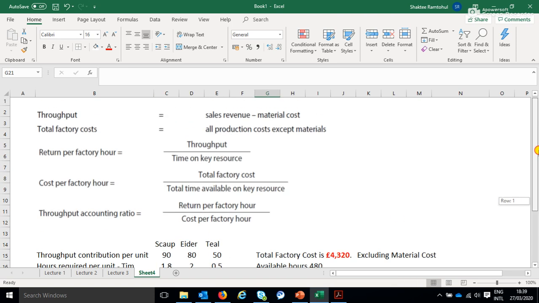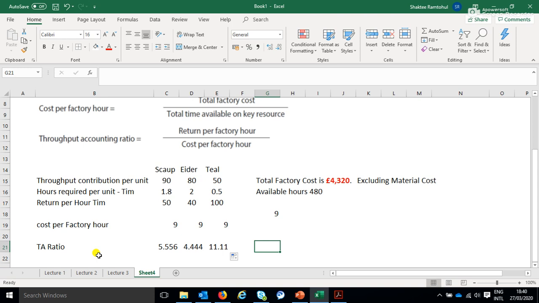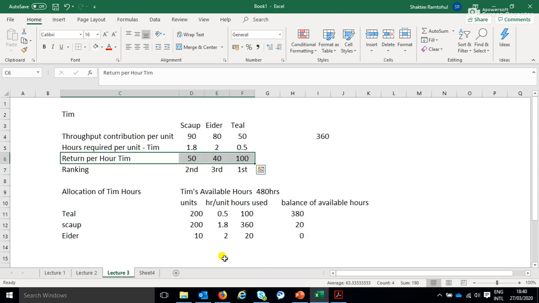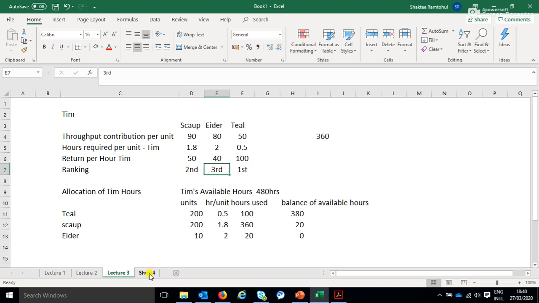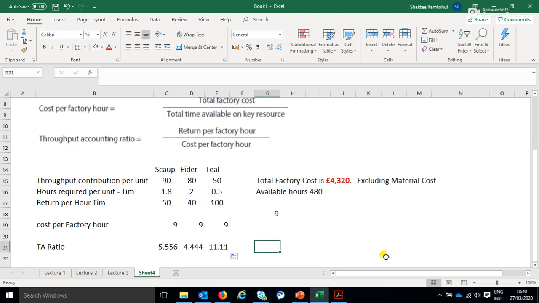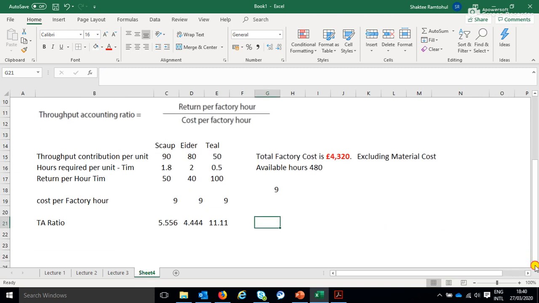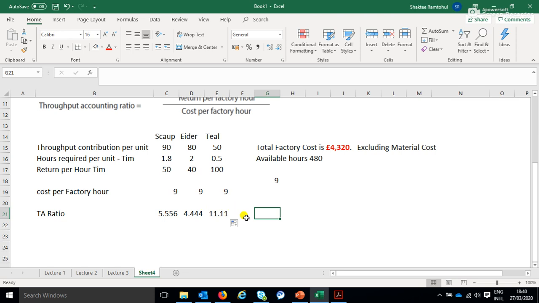Now, here we're not trying to rank the products, because if you go back to lecture 3, we have already done that. And we know we will manufacture teal first, then scalp second, and then eider third. But why are we asked to calculate the throughput accounting ratio, and what is its terminology?